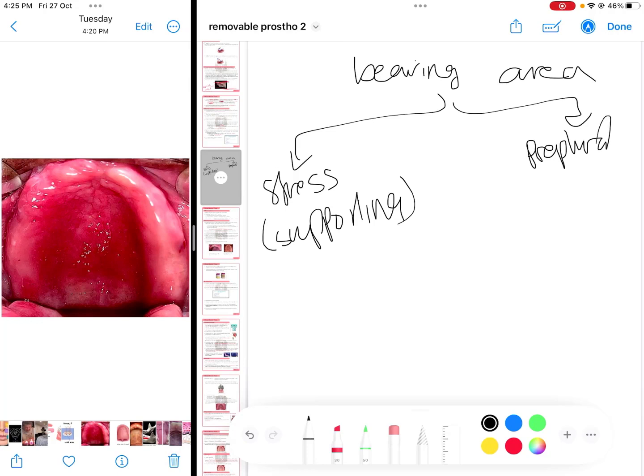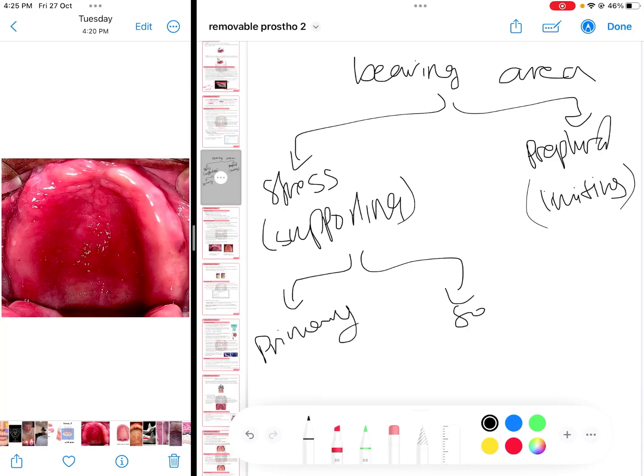The peripheral area is the limiting area. Now, also the supporting structure or stress bearing area is classified into primary supporting area and secondary. Okay?